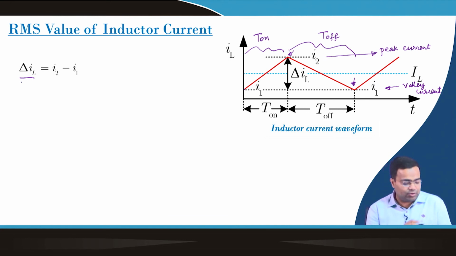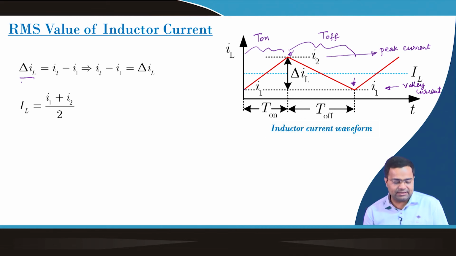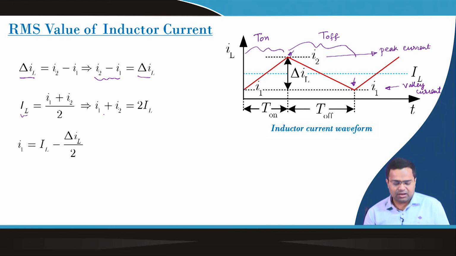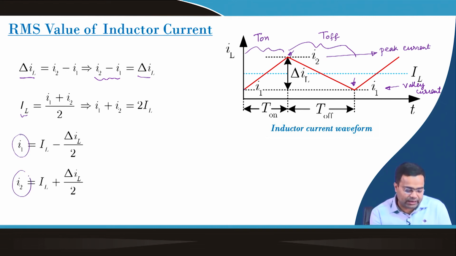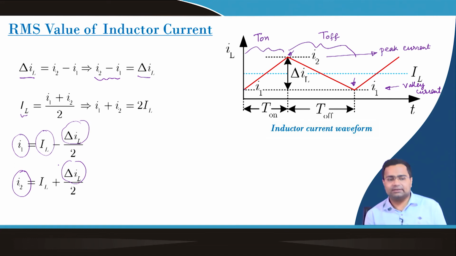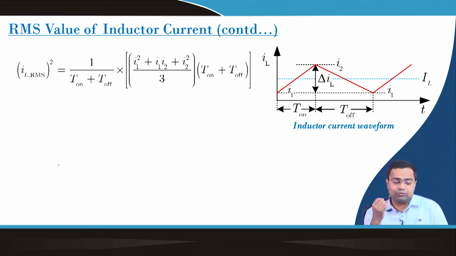So, we can find out the ripple current in terms of peak and valley, and we can get the peak and valley expression in terms of delta IL. We can also get the average inductor current in terms of this quantity. Why is it important? We have to find I1 and I2 in terms of average inductor current and the ripple current, how they are related, because we want to find out the RMS current.